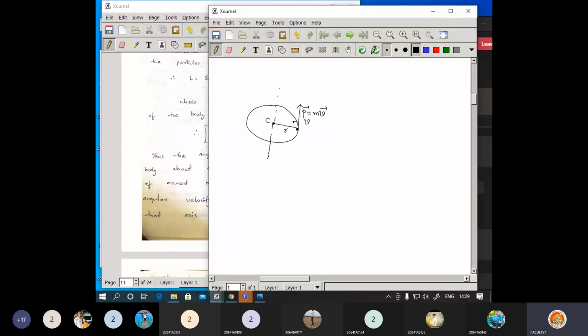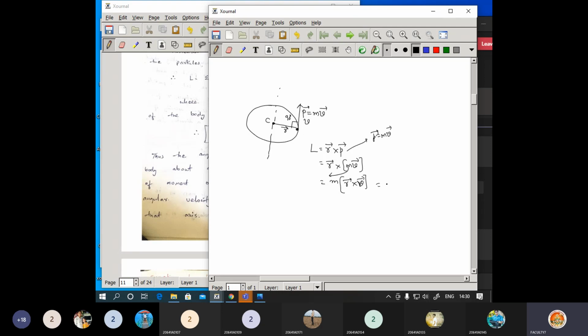If you can identify, these two are perpendicular to each other, and so the 90 degrees angle will be there between r and p. And due to that, what are you going to get? The angular momentum. How can you give the angular momentum? It is the cross product of r and the momentum. So if you want to replace this, p is equal to m v, so you can replace p as m v bar. Now remove the scalar quantity outside the bracket, and you can write this as r cross v here.